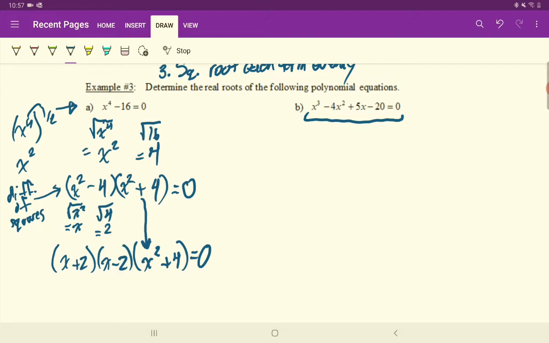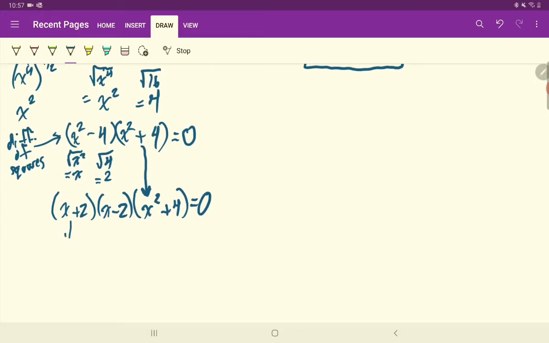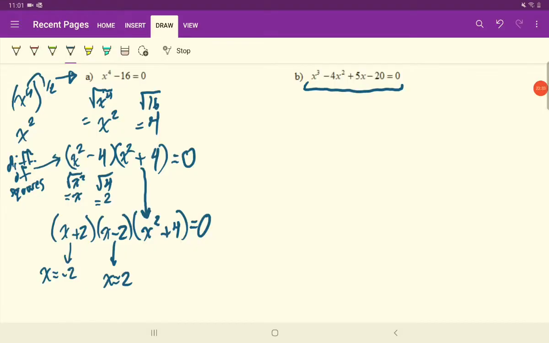Okay, so let's find this x-intercept and then this x-intercept, which should be easy enough. So what values of x here will provide us with 0? So x equals -2, x equals +2. Now, when you're finding this next x-intercept, something interesting happens.